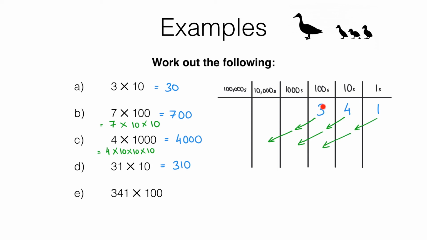So the 3 goes 2 columns along, so that's into the 10,000s column. The 4 ends up here and the 1 ends up there. And then we need our placeholder zeros. So 341 times 100 is 34,100.